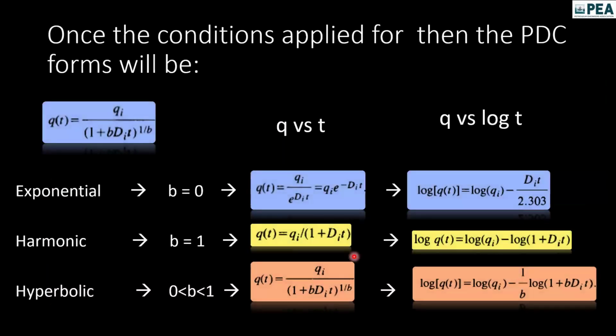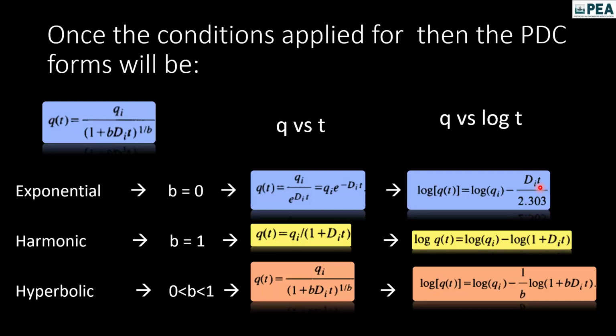And the equation for exponential is Arps equation, which will be used in the form that I discussed, y equals mx plus c. You can see that our equation has been converted to y as log q(t), where the intercept c is log qi, and minus Di by 2.303 is m, which is the slope, and t represents the x-axis.